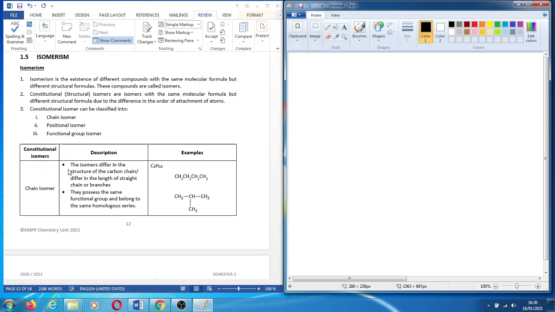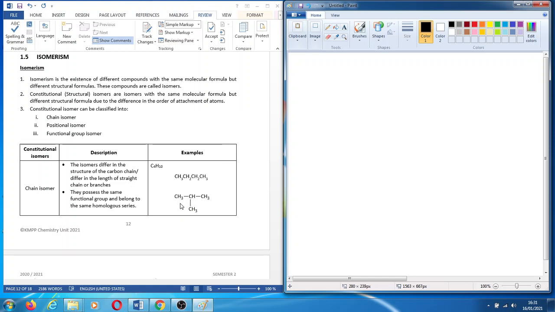For the first one, chain isomer, the isomers differ in the structure of the carbon chain, or differ in the length of the straight chain or branch. Example here, C4H10. The first structure has 4 carbons, the second structure also has 4 carbons.